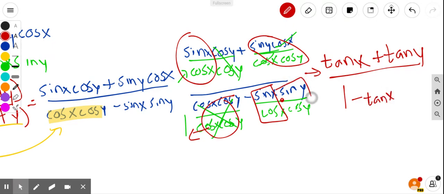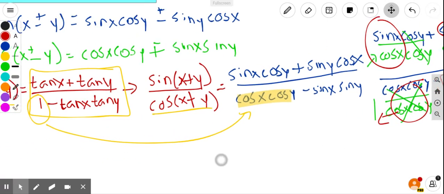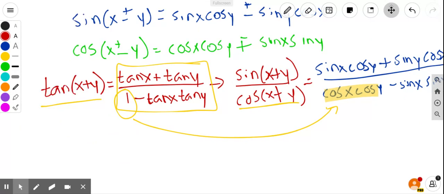And then I can look at it as multiplying a sine of y divided by cosine y, which is where that tangent of y comes from. So as a result, if I look back to where I started, I'm pretty sure I got to where I was supposed to get. Yep, tangent of x plus tangent of y divided by 1 minus tan x tan y. Proven.